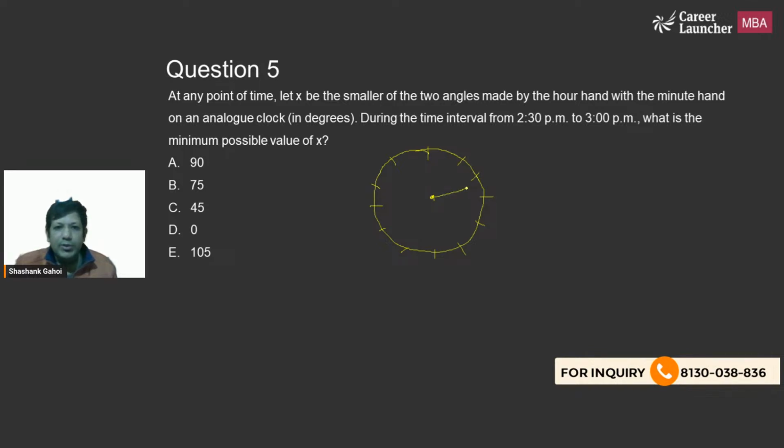So 2:30 is going to look something like this. So this is the initial scenario, and the question is saying what is the minimum possible value of x, and x is the angle. Then 3 is going to look like this.